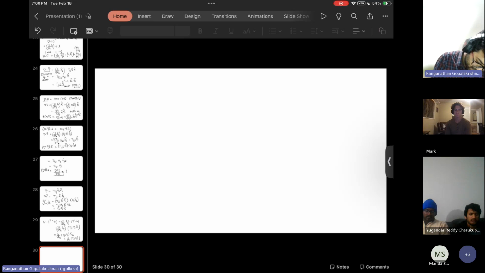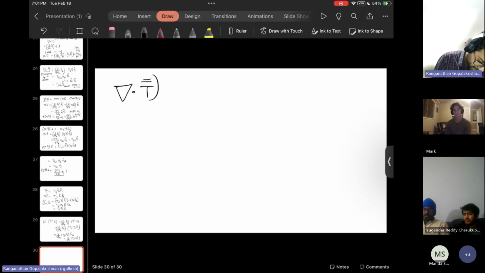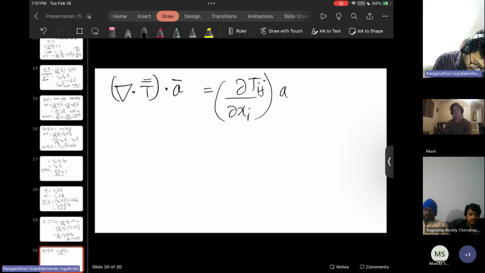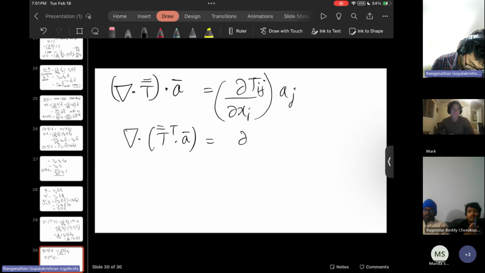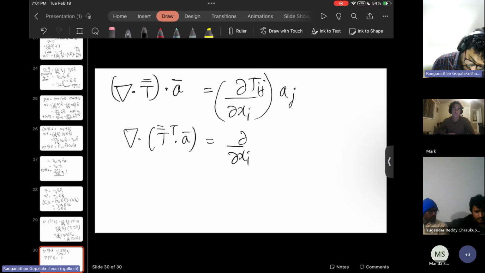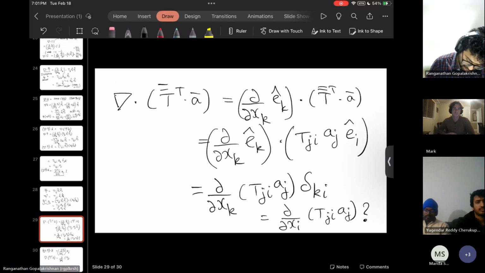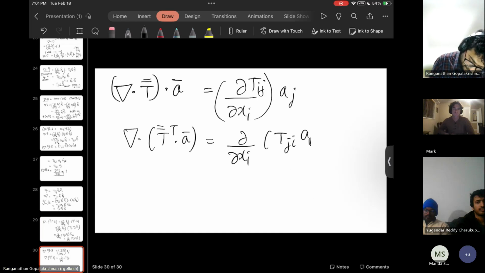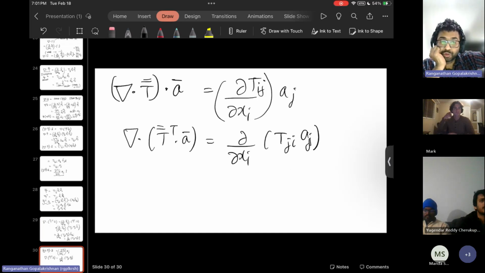I'm going to write divergence of T dot A is equal to partial over partial x_i of T_ij multiplied by A_j, and divergence of T transpose dot A is partial over partial x_i of T_ji A_j. How are these two equal? We have to show they are equal.